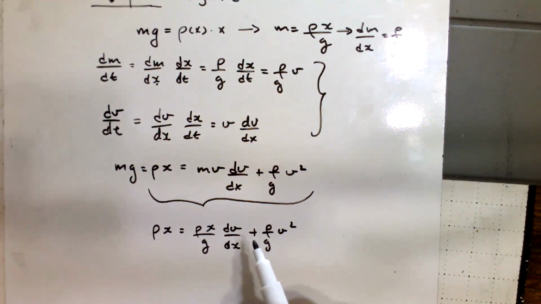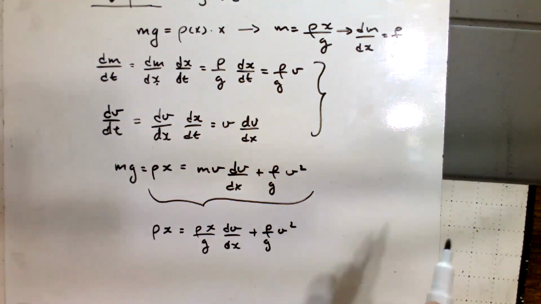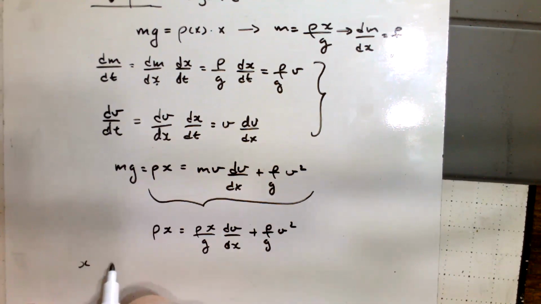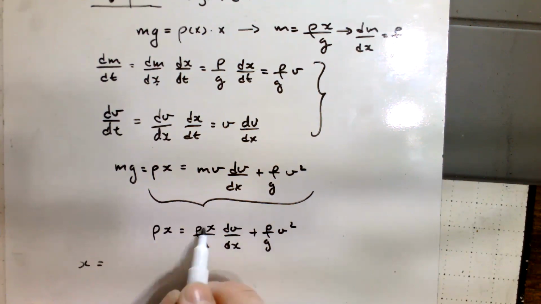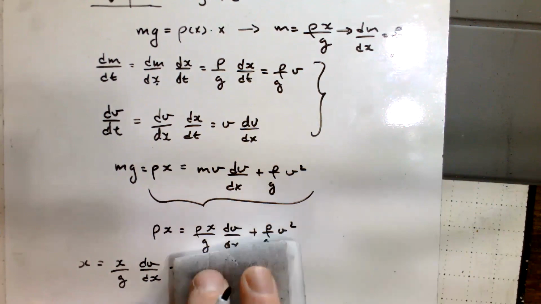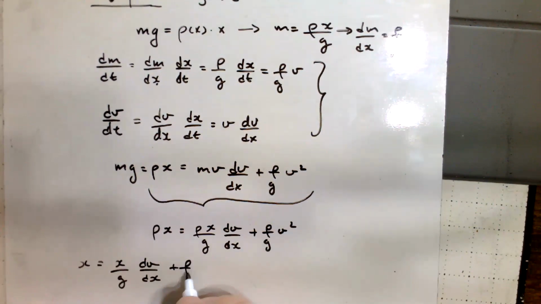I think this becomes a Bernoulli equation, is what it looks like. So the rhos cancel, and I'm left with x equals x over g times v dv dx plus v squared over g.